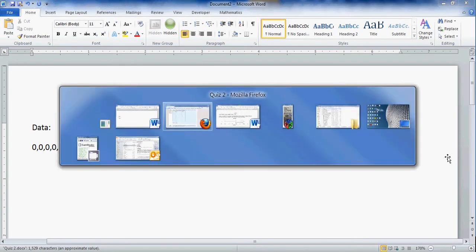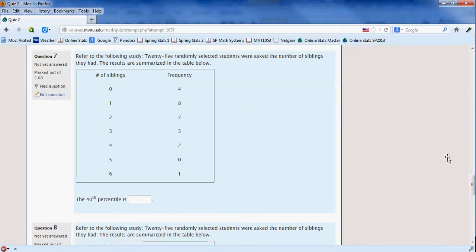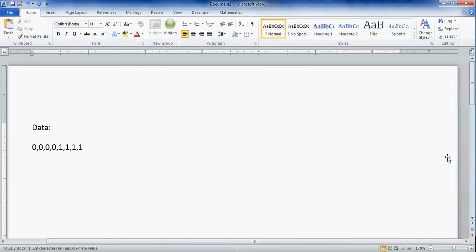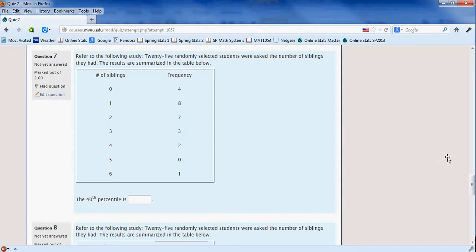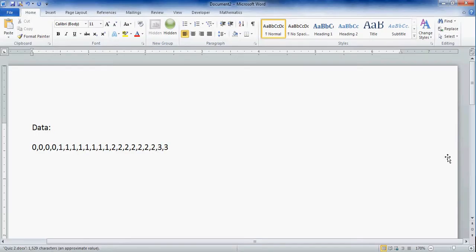There are 8 ones and 7 twos. Let's see, 1, 2, 3, 4, 5, 6, 7, 8. 1, 2, 3, 4, 5, 6, 7. You got enough there. There are 3 threes, 2 fours, and 1 six.